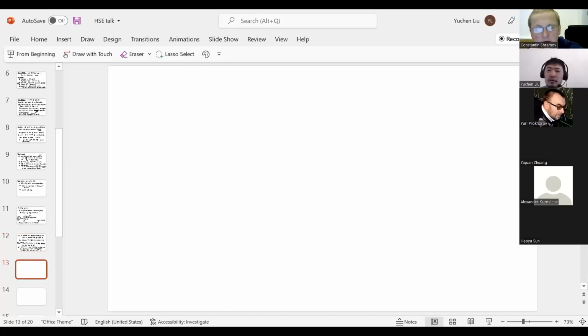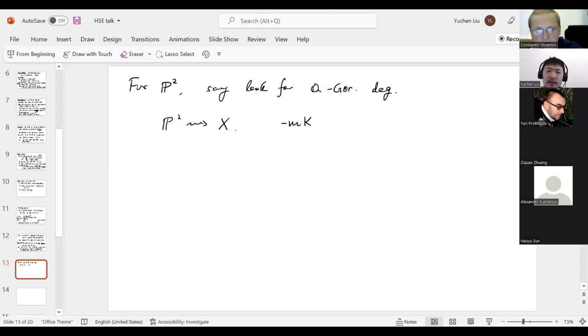But in general, for P2, say you want to look for Q-Gorenstein degenerations, then pretty much you have P2 degenerates to X, and let's say I have minus M K_X is base point free. Of course this M could be very large, perhaps depends on the index of your final surface X.